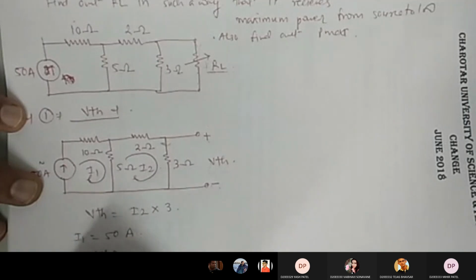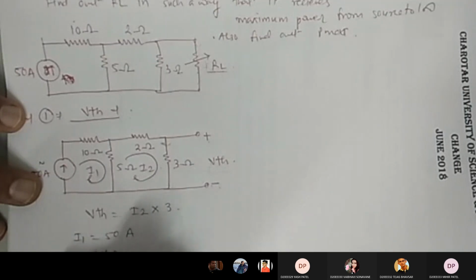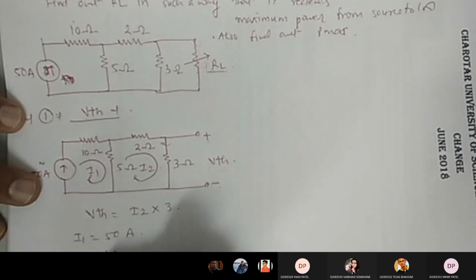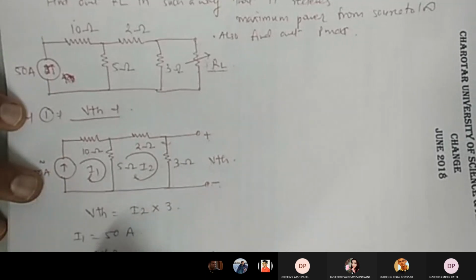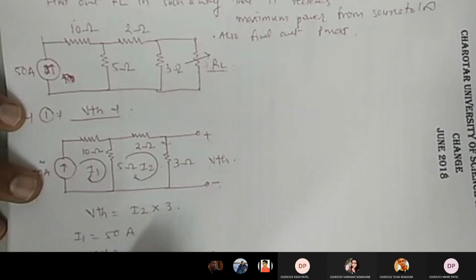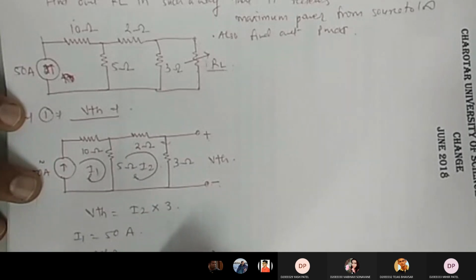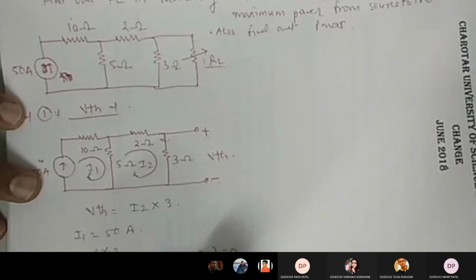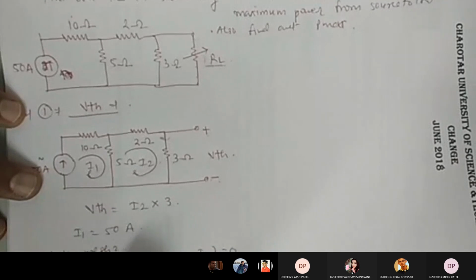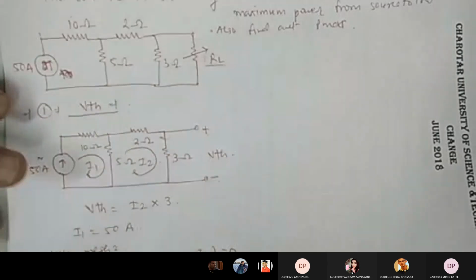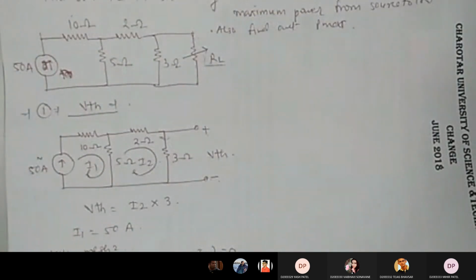It will be 2 into I2 plus 3 into I2 plus 5 into I2 minus I1 is equal to 0. It will be 10I2 minus 5I1 is equal to 0. I will put the value of I1. Now tell me what value of I2 you are getting.